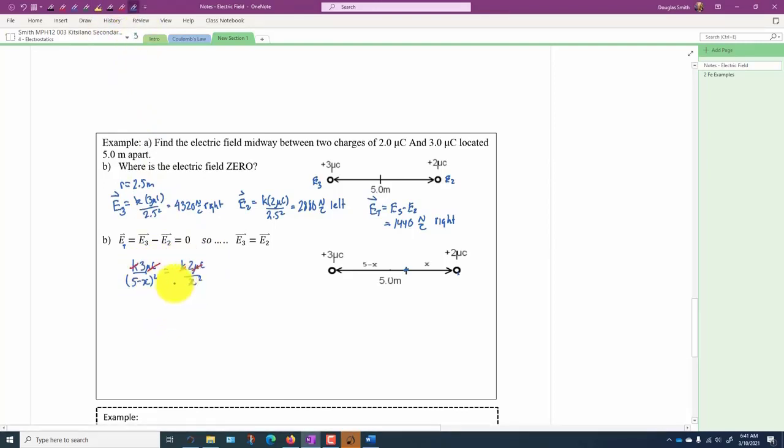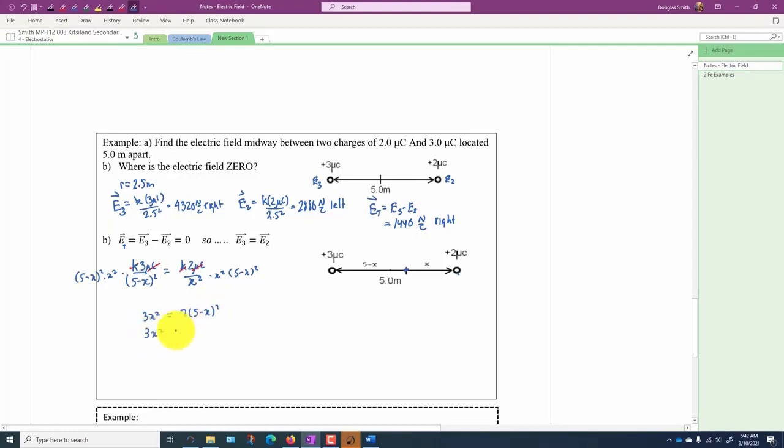So I'm going to multiply both sides by x squared. So I get 3x squared. And I'll multiply both sides by 5 minus x all squared. That's one way to solve rational equations, is to multiply everything by the common denominator. So this side I get 3x squared, and this side I get 2 times 5 minus x all squared.